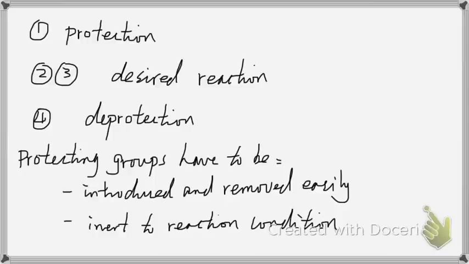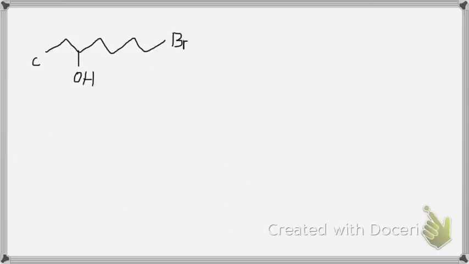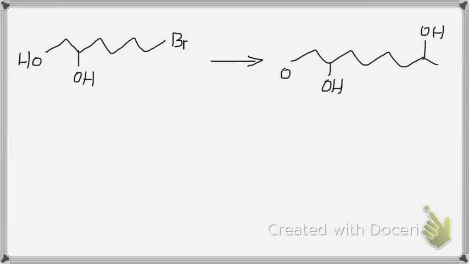All right? So let me give you one more example here. So this is the reaction we want to do. If you compare the starting material and the product, you see that the starting material has 6 carbons. The product has 8 carbons. So we have added 2 more carbons.